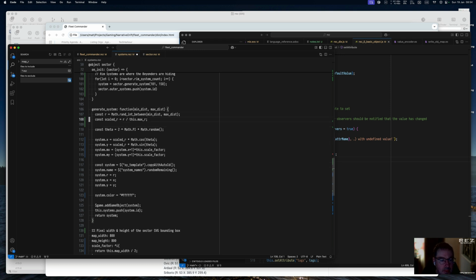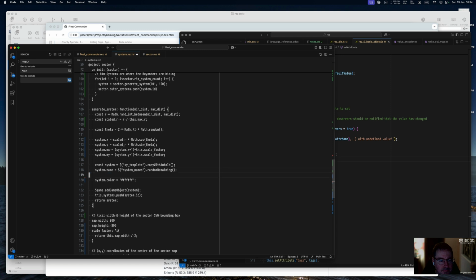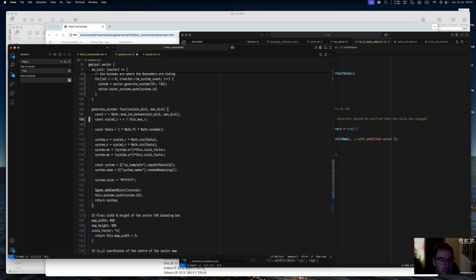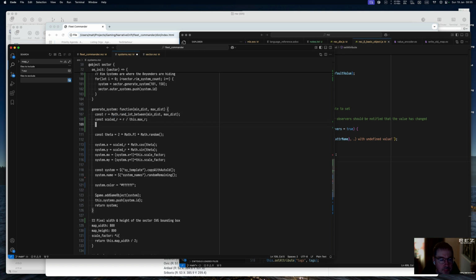Now, we don't need to do that. System.r equals, yeah. So here system.r equals this. So system.r equals scaled r.